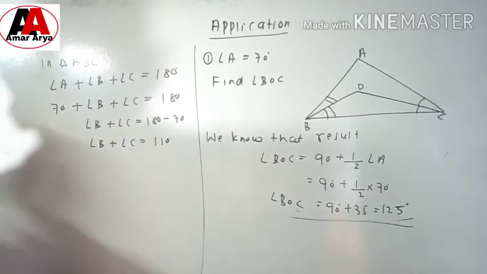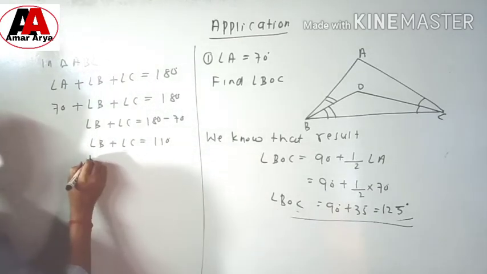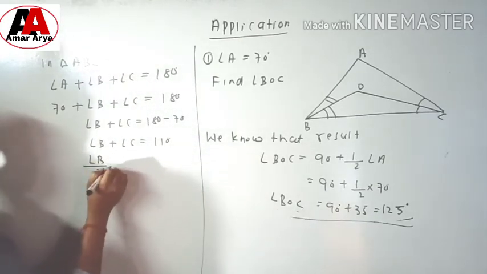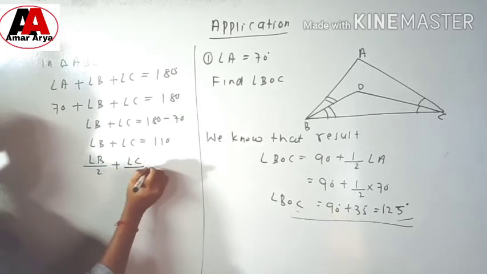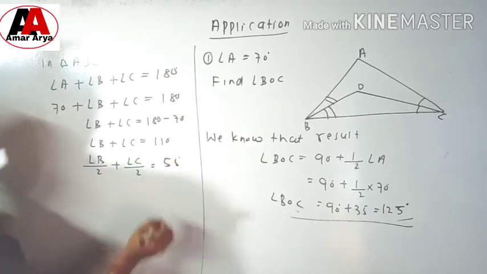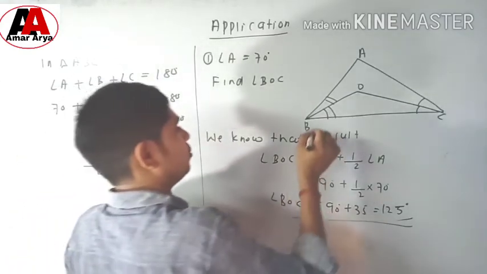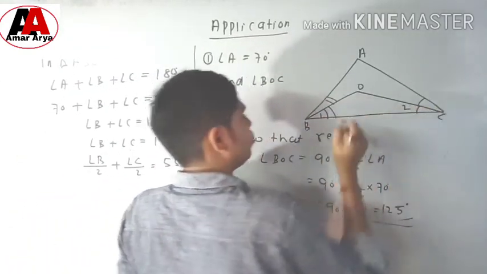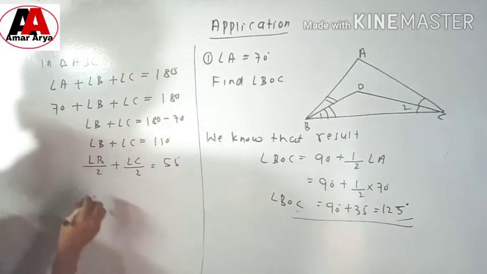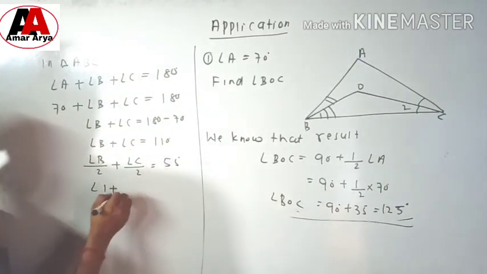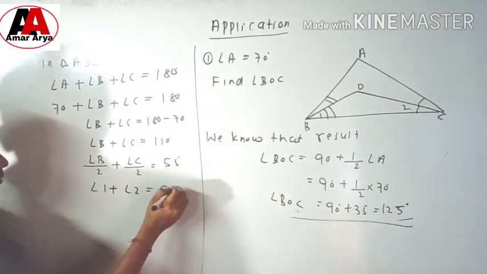We can divide both sides by 2. So B by 2 plus C by 2 is 55 degree. Suppose here is 1, here is 2. B by 2 means angle 1 plus C by 2 means angle 2, so angle 1 plus angle 2 equals 55 degree.